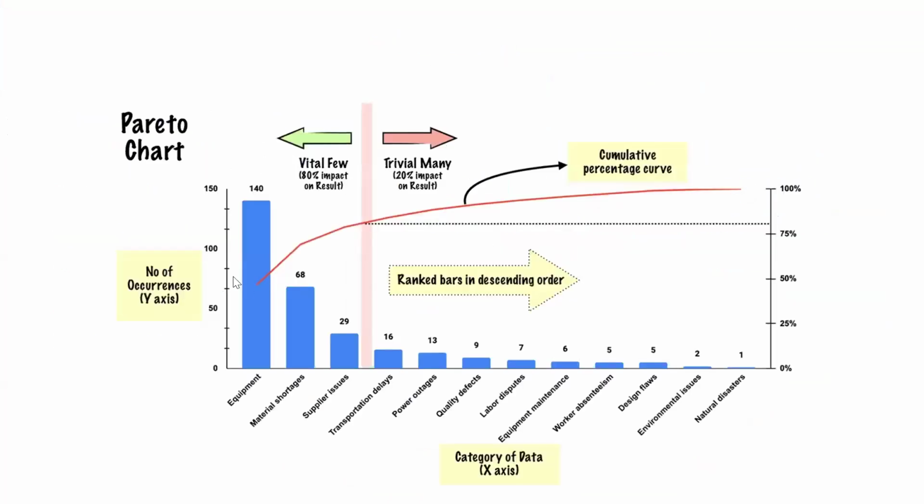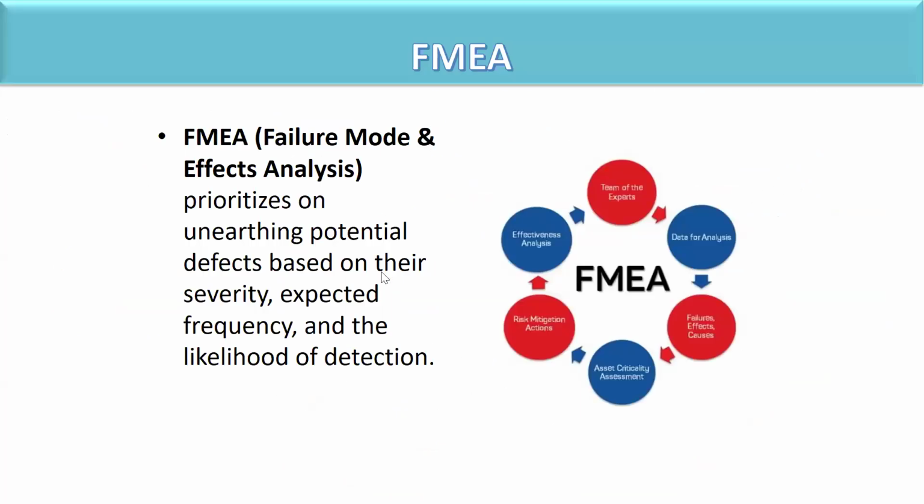Now this is the 80-20 principle. Now FMEA. When we are talking about FMEA, it is very important in ISO 9001 quality excellence in manufacturing companies and also in business risk. From FMEA, failure mode and effect analysis, we use this in Six Sigma also for incident investigation.